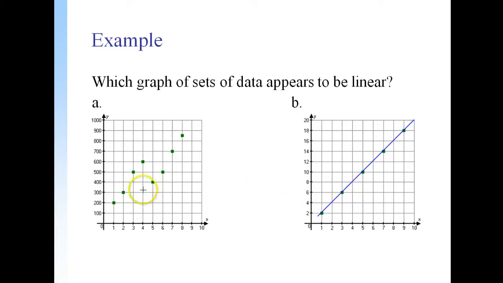Now over here, we know the trend is going this way, and in fact, if we kind of link the points together, we see the general trend is increasing, but this data is not linear.